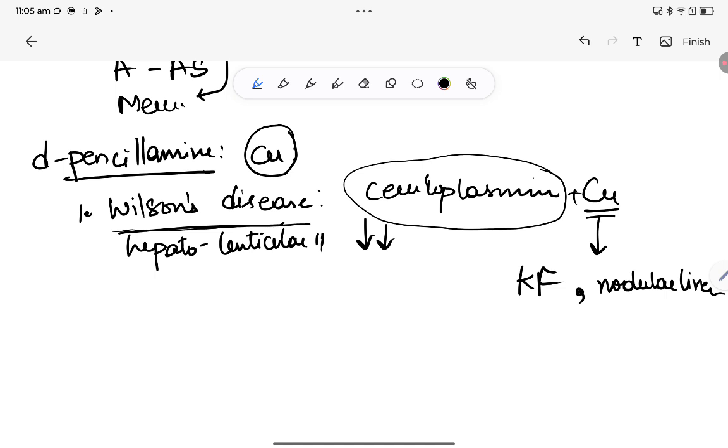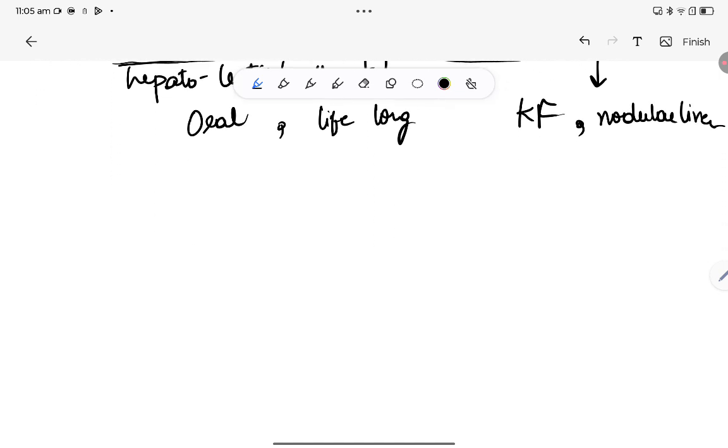D-penicillamine in the case of Wilson's disease is given in the oral form and treatment is lifelong. The second most important indication of D-penicillamine is your obvious copper poisoning.